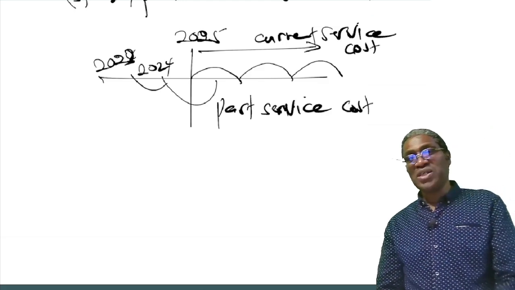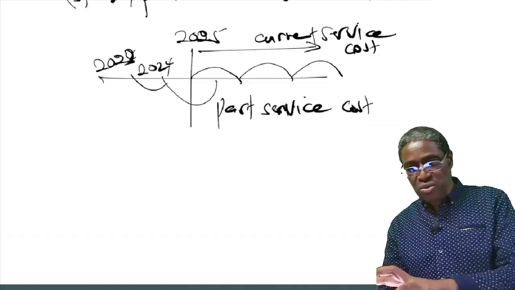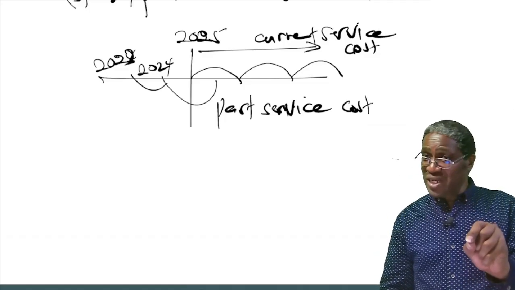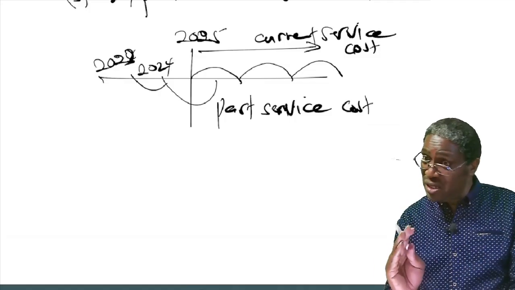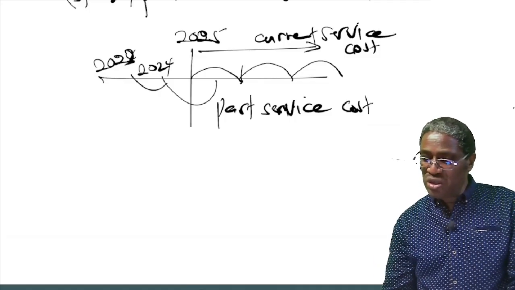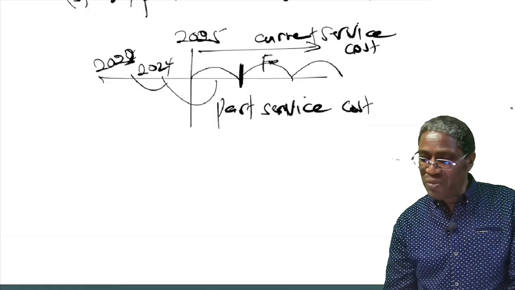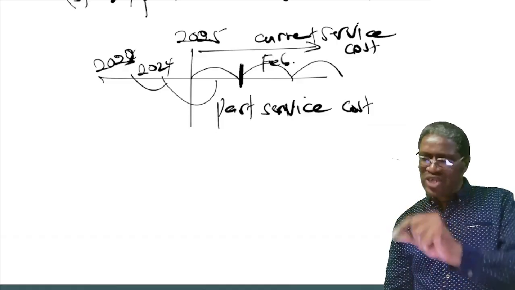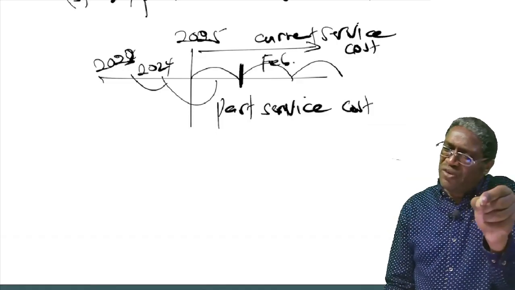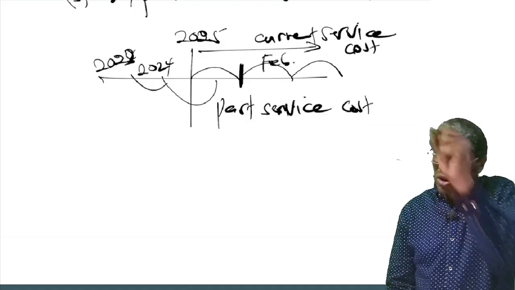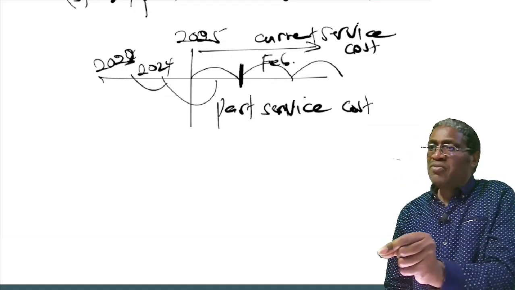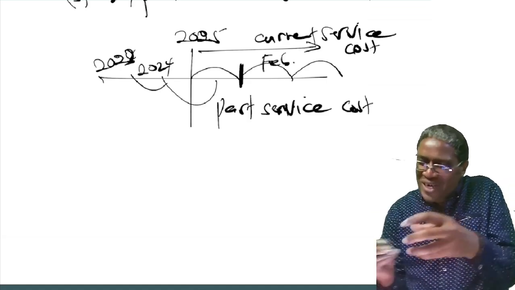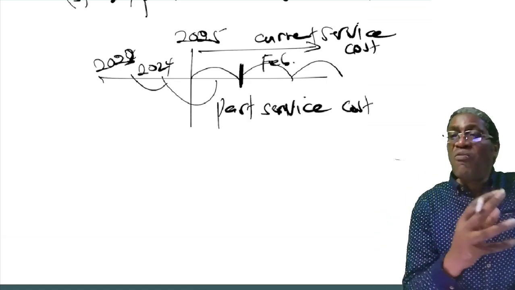Okay, so we are saying you want to make contributions for services that were rendered last year, or maybe you are making a contribution in February, but you realize for January you did not make the right one, so you want to add something for January, but you are making it in February. So you still call it a past service cost. You are correcting for some service of the past.